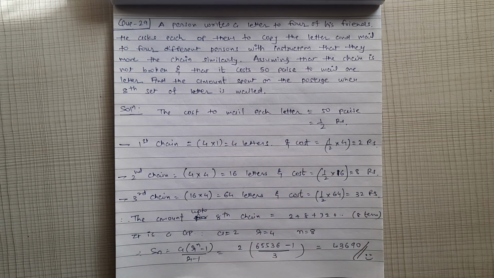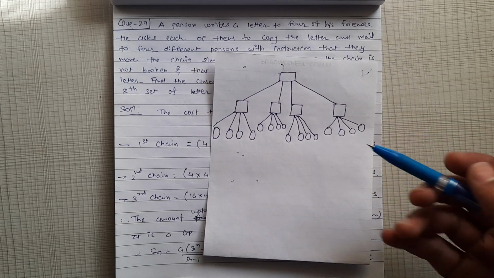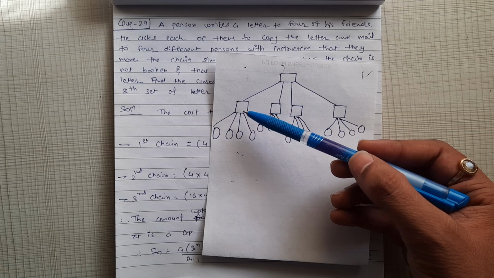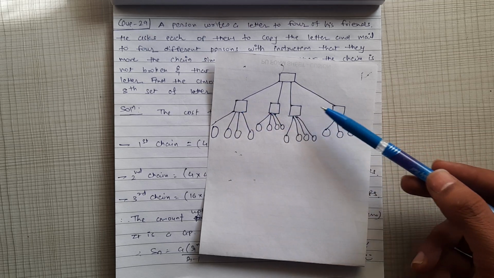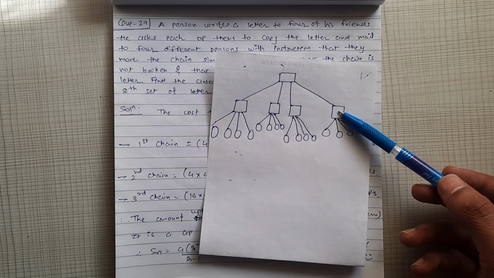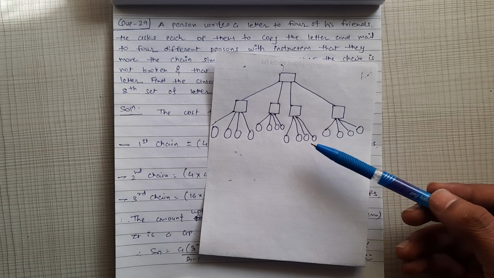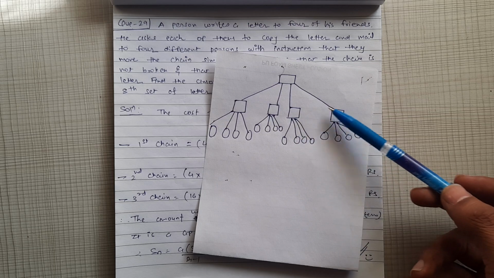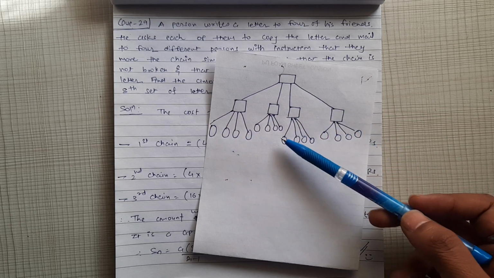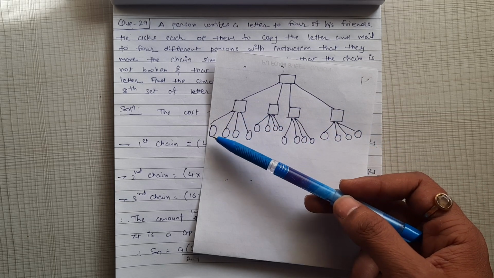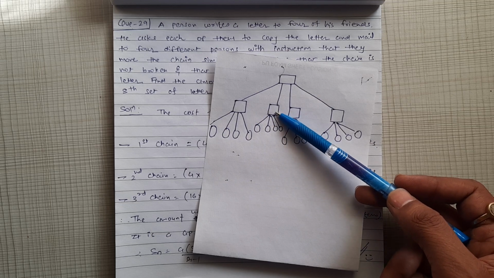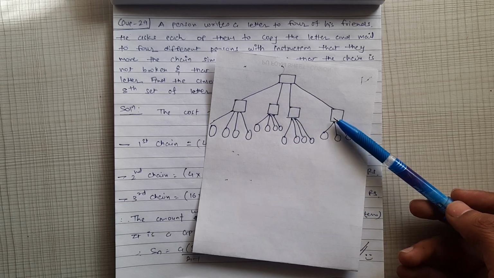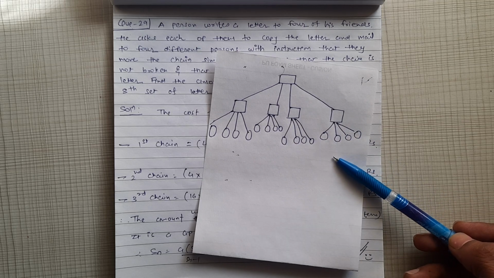Now the situation is like this way. The very first person sent the 4 letters, 1 2 3 4, right? The second chain, these 4 will send 4 more letters each. This person will send 4 letters, this person will send 4 letters, the third person will send 4 letters, and the fourth person will send 4 letters.